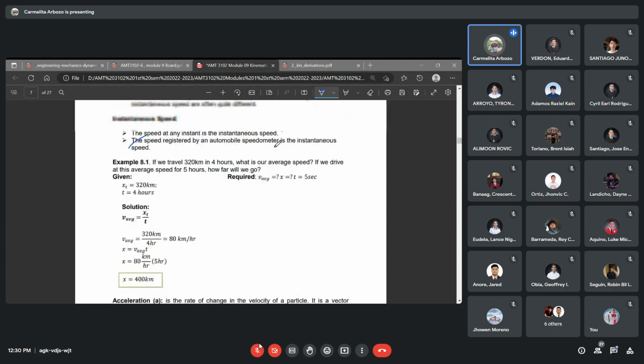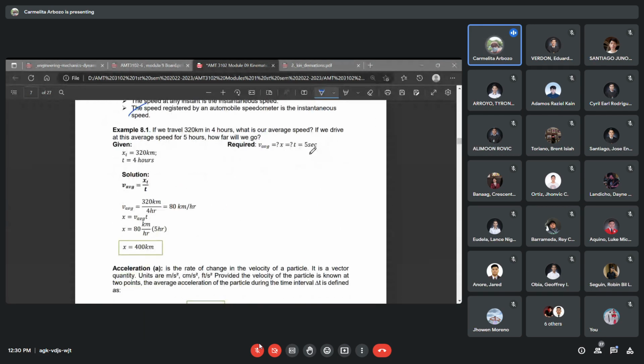Next, example tayo. If we travel 320 kilometers in 4 hours, what is the average speed? If we drive at this speed for 5 hours, how far will we go? So, yung total distance traveled is 320 for 4 hours.